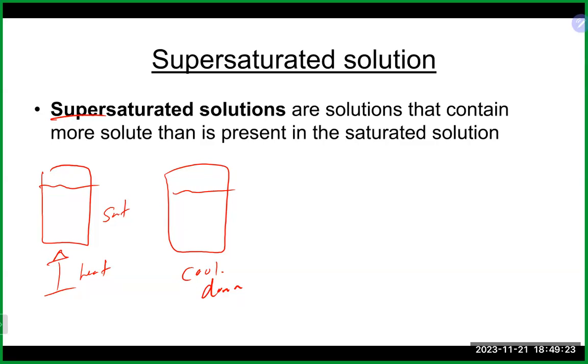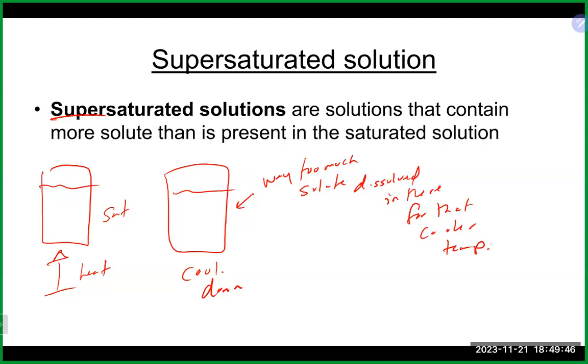Once it's cooled down, you now have way too much solute dissolved in there for that cooler temperature, but it is still in liquid form and everything is still dissolved.